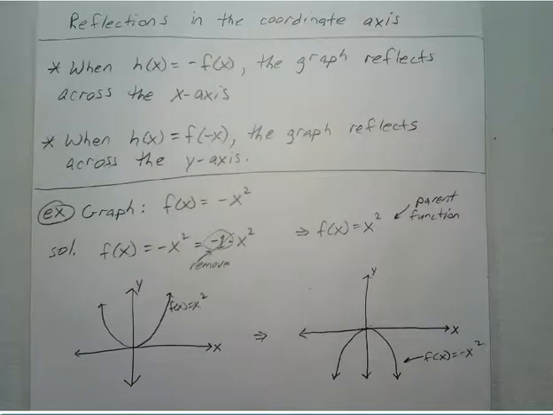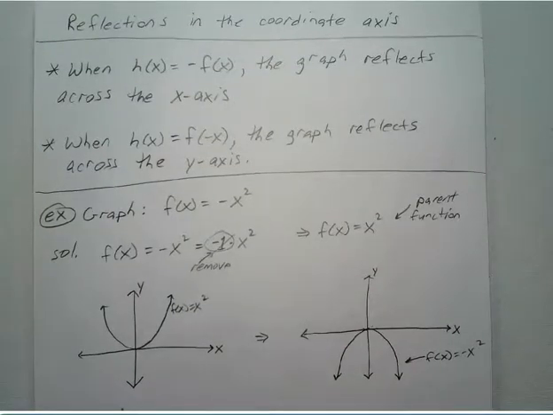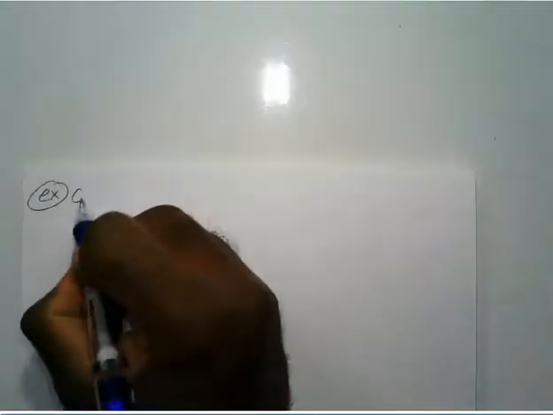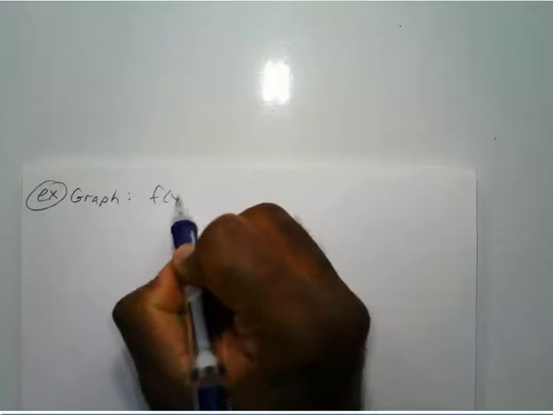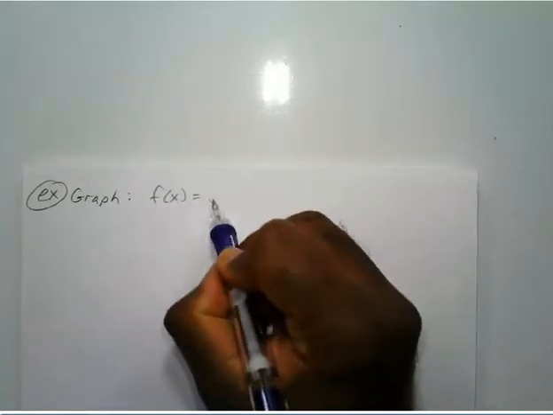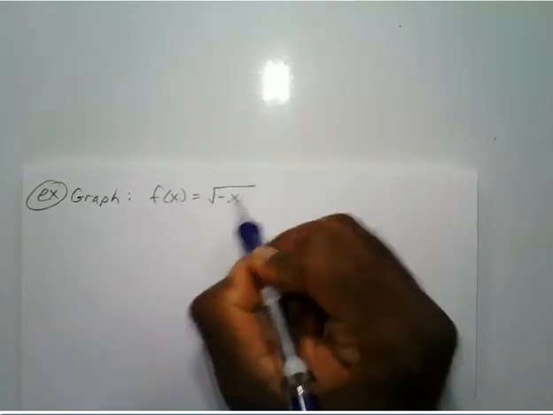Let's go ahead and do another example. If you're still writing, feel free to press pause, but we're going to go ahead and move on. Let's say, for example, you want to graph f of x equals square root of negative x.